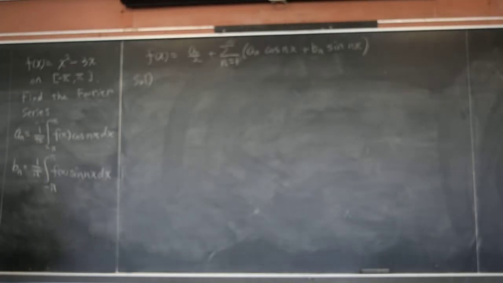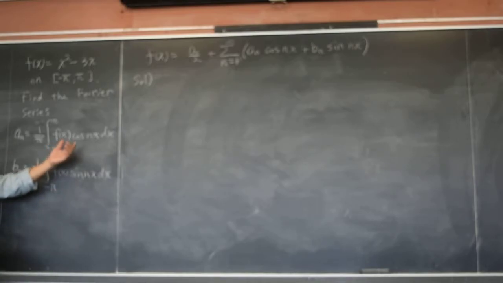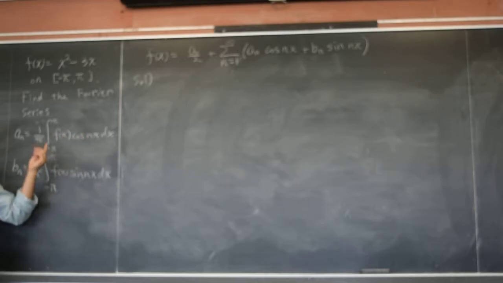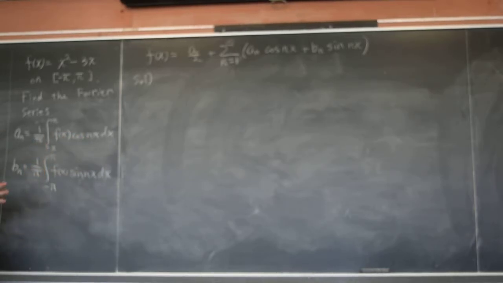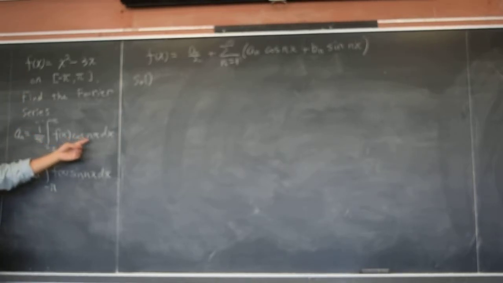You have a question? Yeah, the n in the an and bn formulas changes with the n in the sum up there. Right, right. I mean, if you wanted to know a3, you would multiply f of x by cosine 3x and integrate. But in many cases, you can compute this with a generic n.